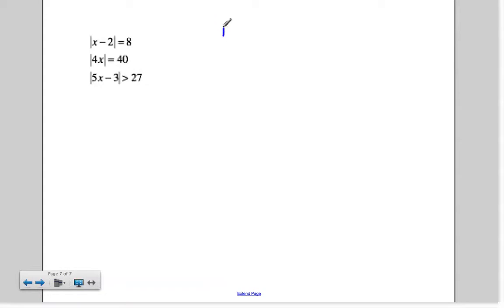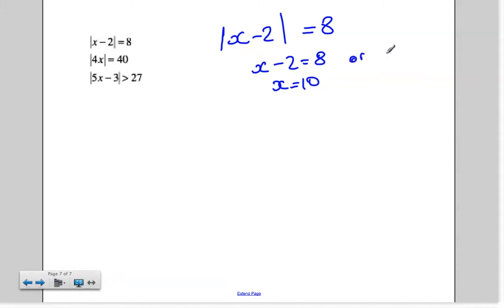The first question was x minus 2. I'm not going to go through them in detail, but just to give you the idea. So the original number could have been positive, in which case x is equal to 10, or the original number could have been negative, in which case if we add 2 to both sides, it gives us x is minus 6.